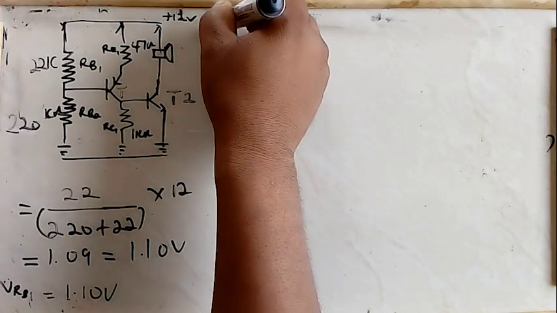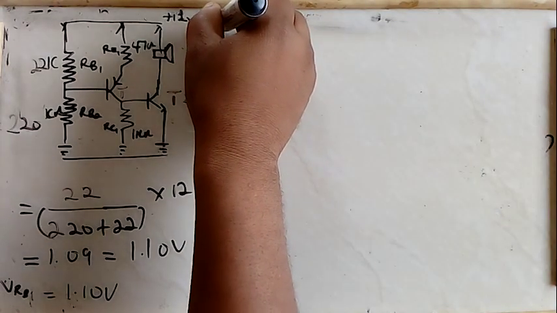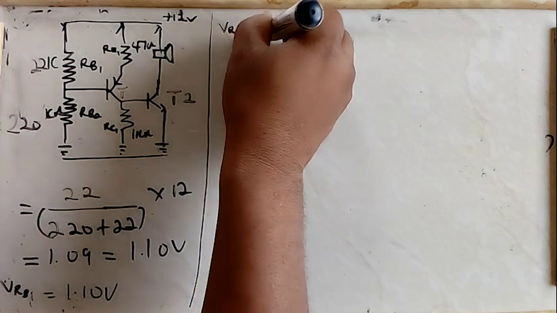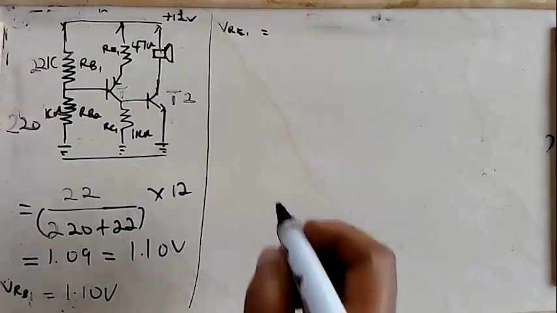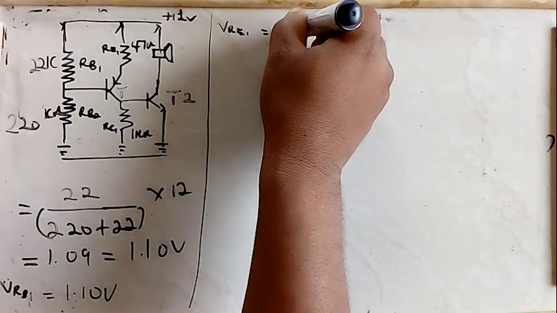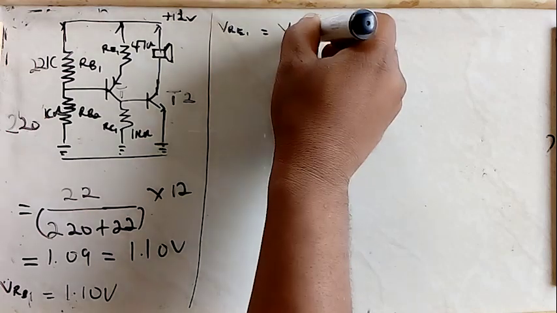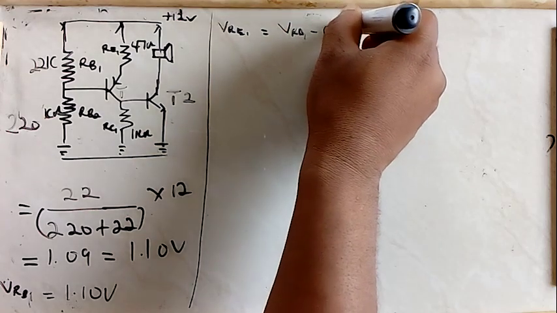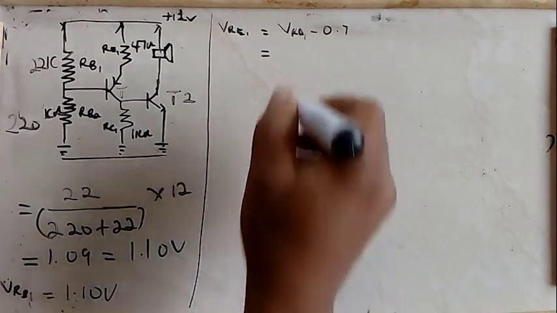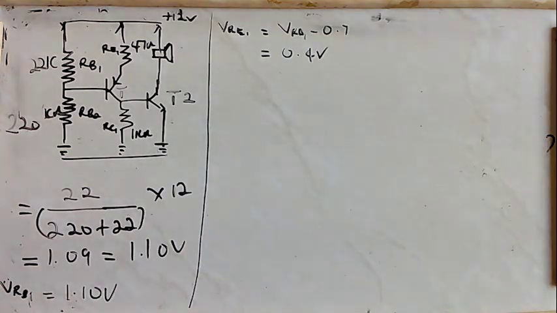So voltage on RE1 is equal to voltage on RB1 minus 0.7, which gives us 0.4 volts.